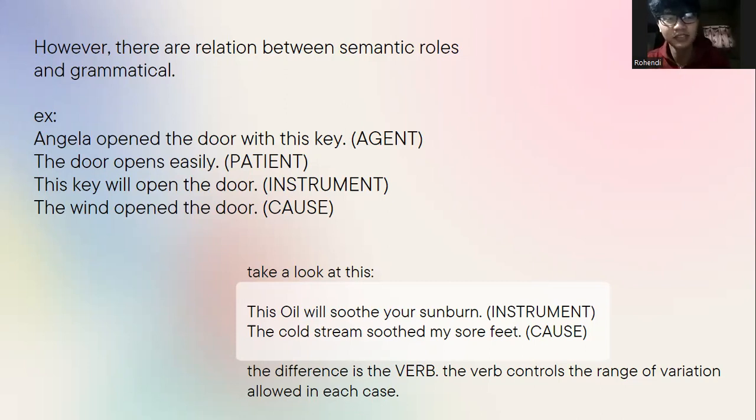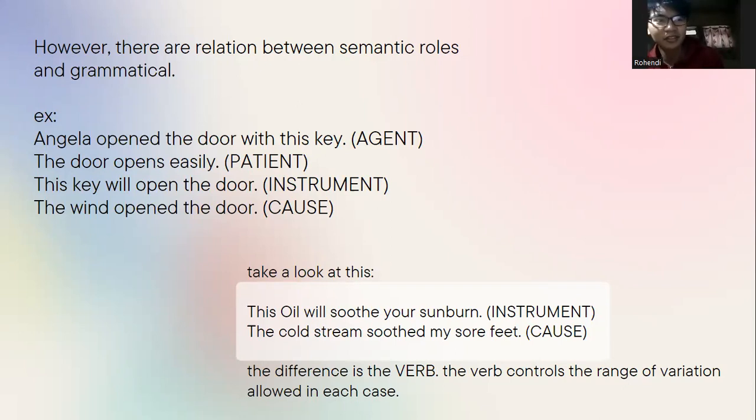It becomes cause. Jadi open di sini sama, cuma bisa jadi beda-beda untuk semantic role-nya, kayak Angela itu agent, the door itu patient. Apa yang menjadi pengaruhnya? Ya, noun phrase dan juga verbnya.